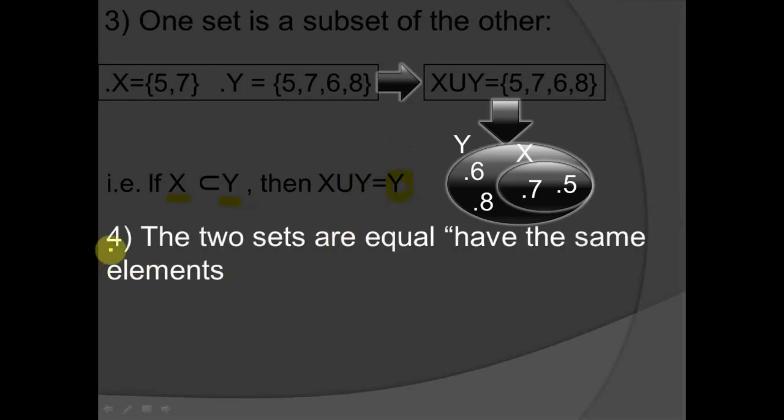After that, the last case: the two sets are equal, have exactly the same elements.